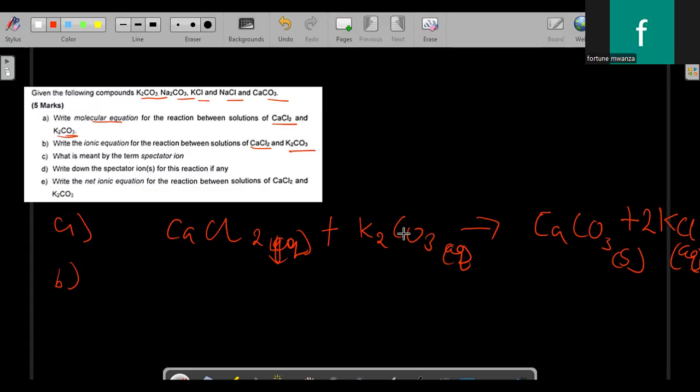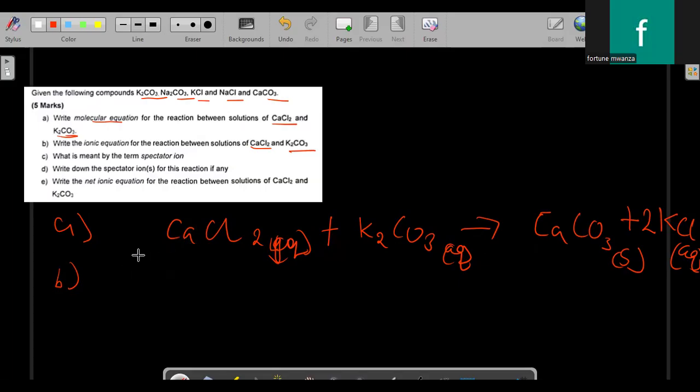For the ionic equation, we are going to simply show the dissociation of this reaction. Here we are dissociating ions in aqueous solutions only. Those in solid, you are not going to tamper with them. You only dissociate ions in aqueous solution. So let's start dissociating.